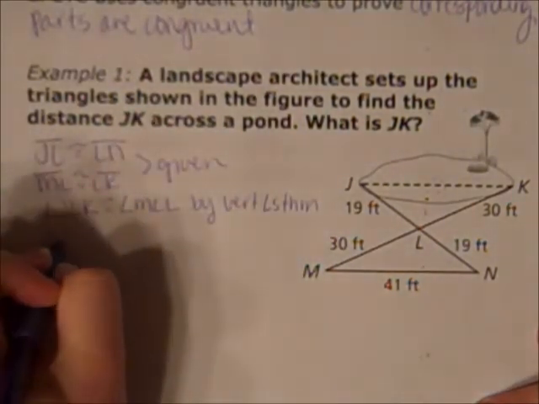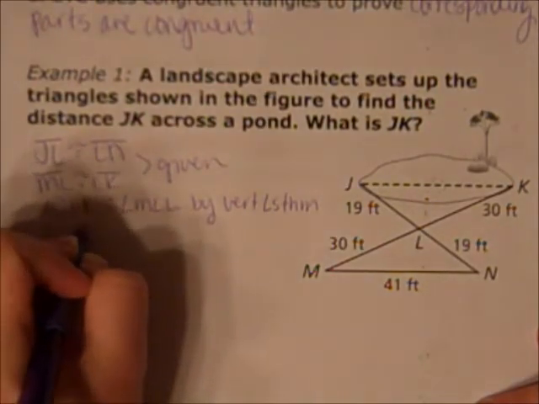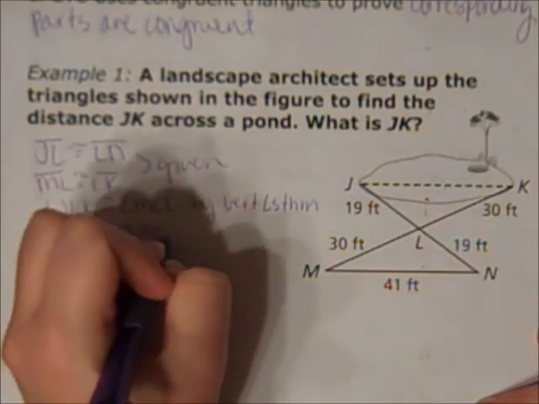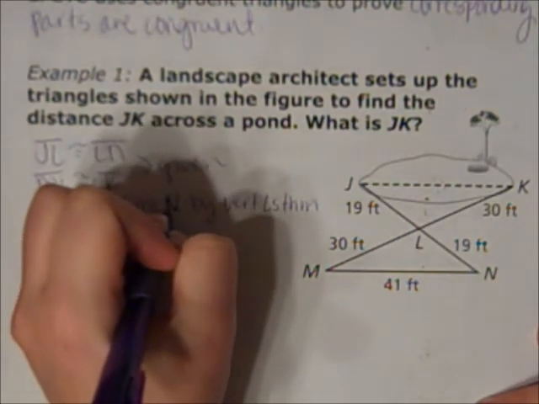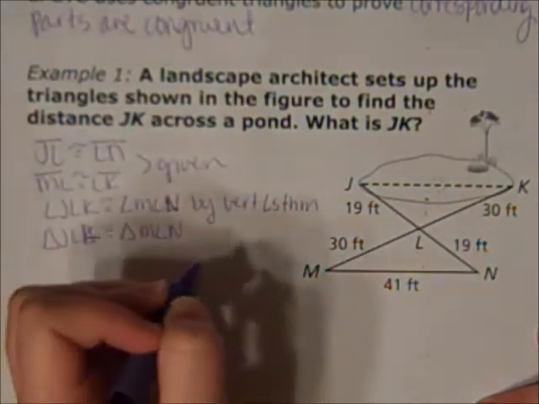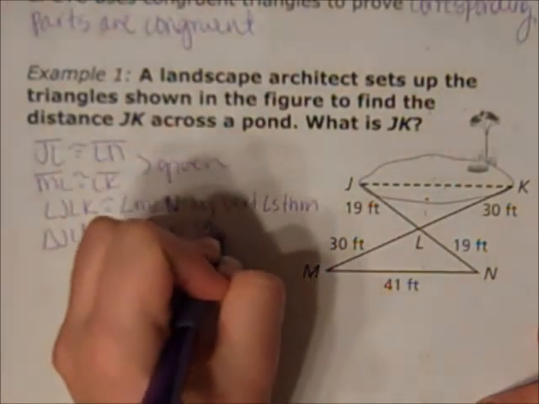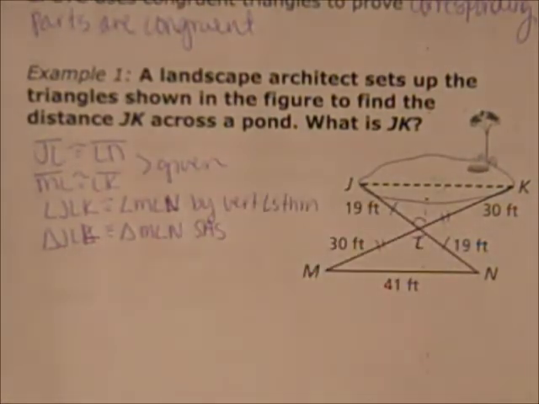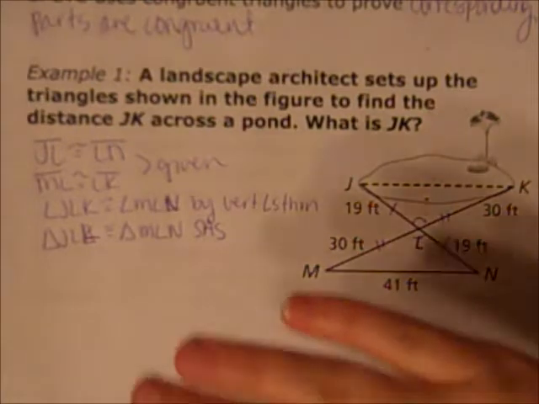Therefore, the triangles would be congruent by side, angle, side. So now I can say that's what we've been doing for the last several days. So nothing's new with that.